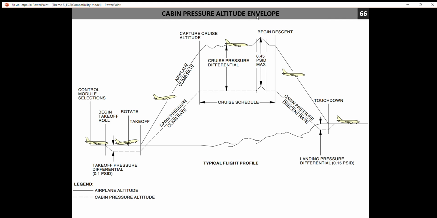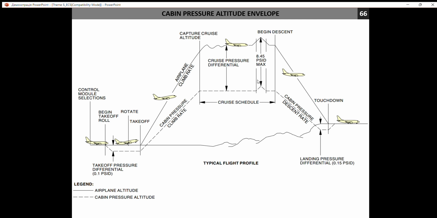But sometimes there could be a situation when, maybe it was bad weather or a thunderstorm or something like that, so the airplane goes to a higher altitude, and the differential pressure between the outside pressure and the pressure in the cabin will be significant, more than the value predetermined by the design strength.